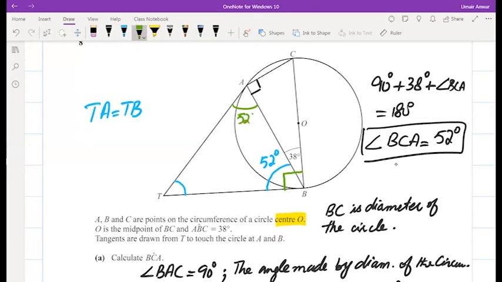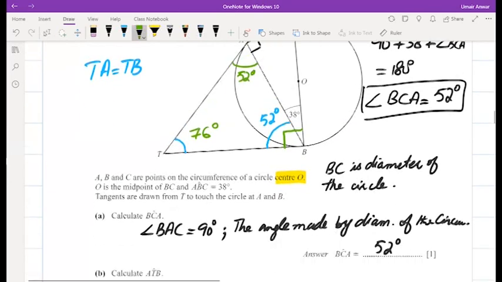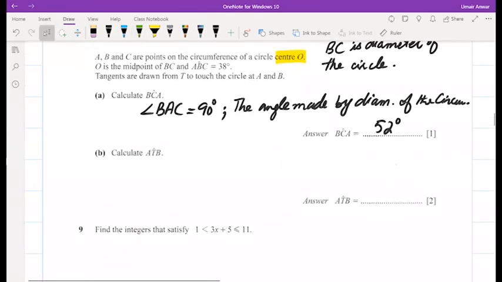So here the angle is going to be 52 degrees. And now we are again going to use the angle sum property of a triangle, that all the three angles add up to 180 degrees. By subtracting these two angles from 180 degrees, the answer we get here is 76 degrees for the last part of the question.